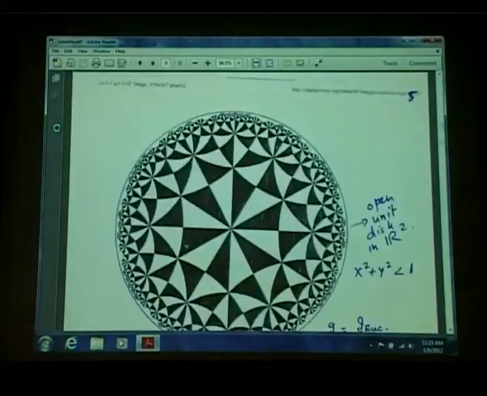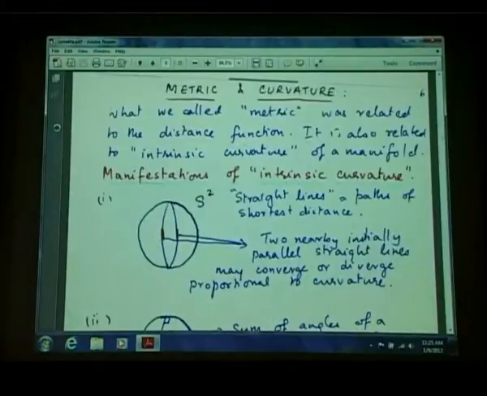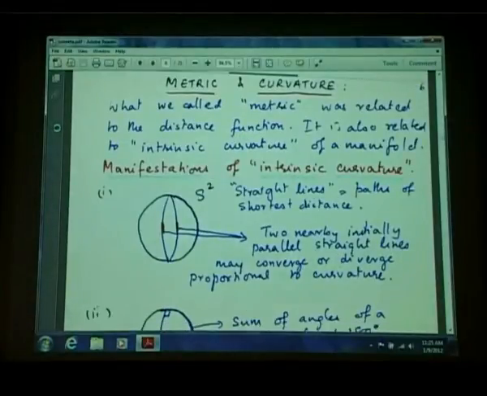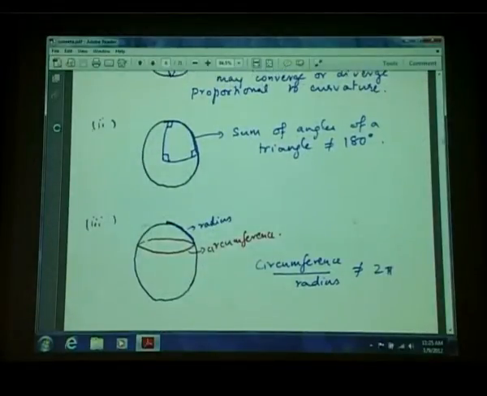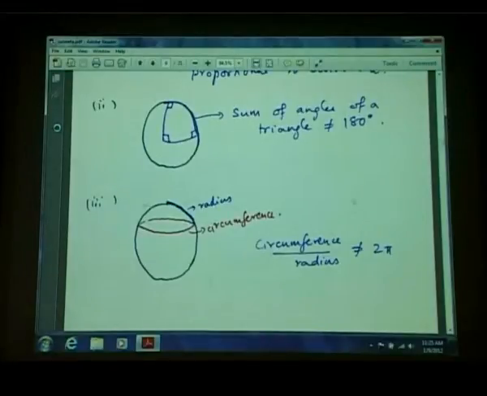So the message from this slide is that you had this manifestation of curvature, which is that the sum of the angles of the triangle is not pi, and that came about in this space because of having this metric which is not Euclidean. So there is an intimate connection between metric and curvature. Another manifestation of curvature on a sphere: take a circle.